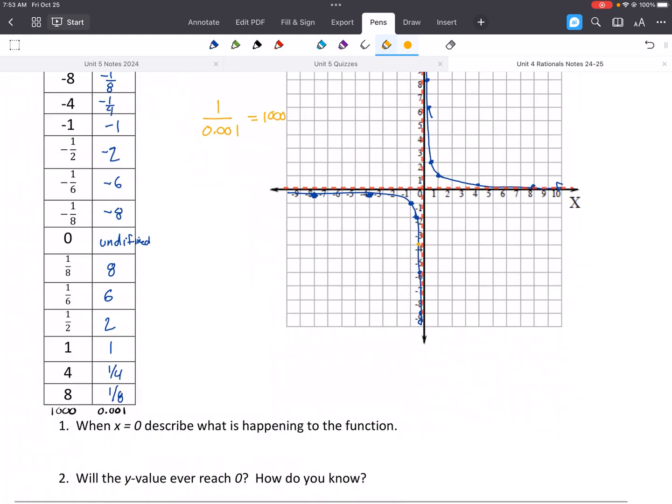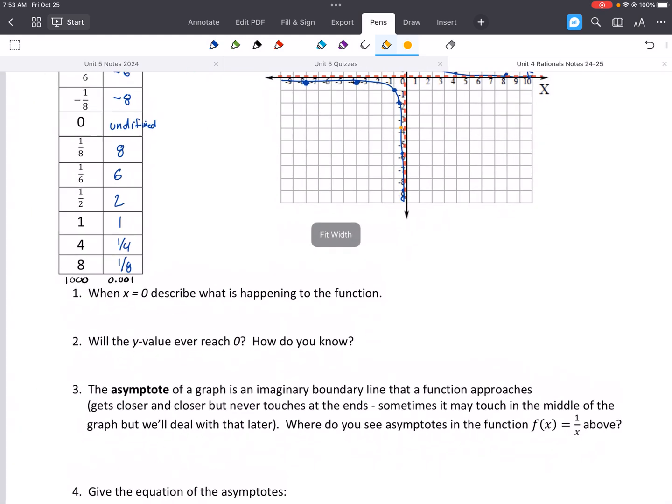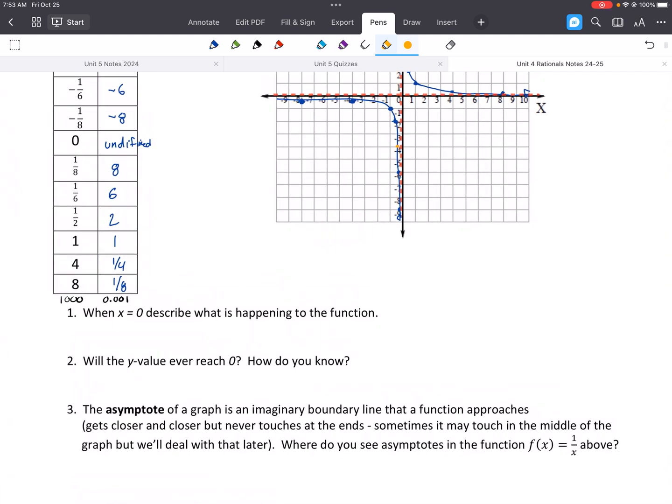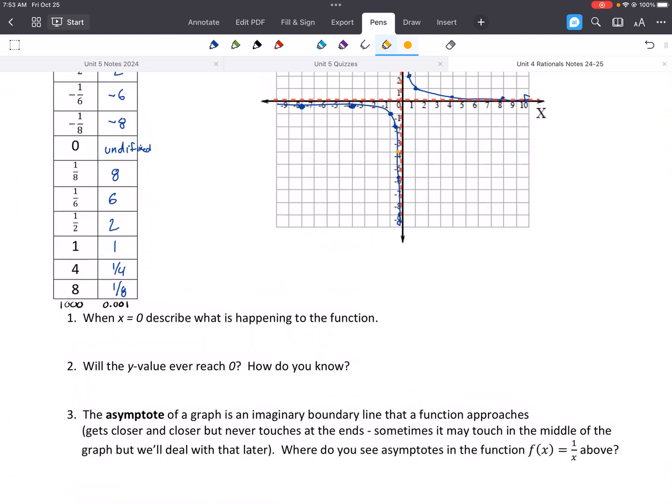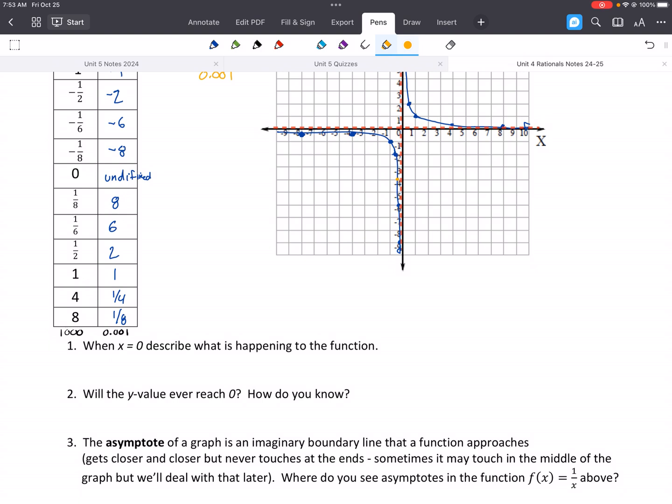Okay, so let's see if we can answer some of these questions really quick. When x equals 0, describe what's happening in the function. We haven't really talked about that yet, but if we take that 0 and put that into the function, what happens if we divide something by 0? You could try that on your calculator. I'd encourage you to do that and see what happens.